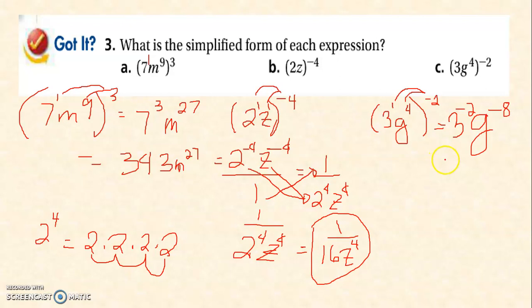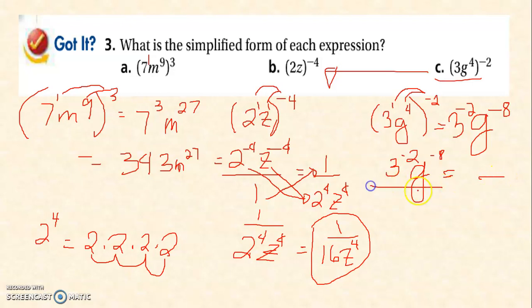Okay, try to observe. Letter C is just similar to letter B. So we're just going to follow the same step in letter B. Okay, 3 raised to negative 2, and then g raised to negative 8. Since the exponents are negative, we're going to follow the rules in writing negative exponents to positive.